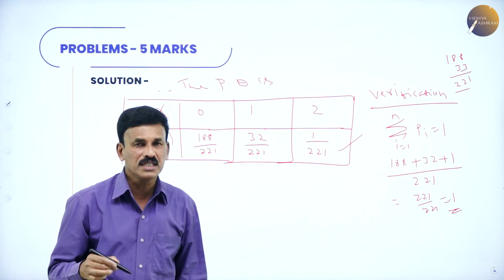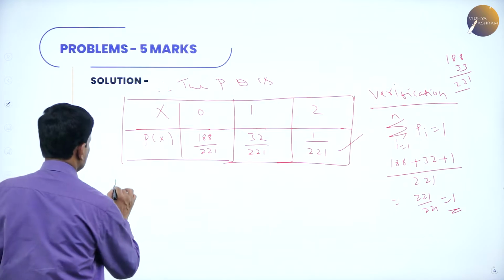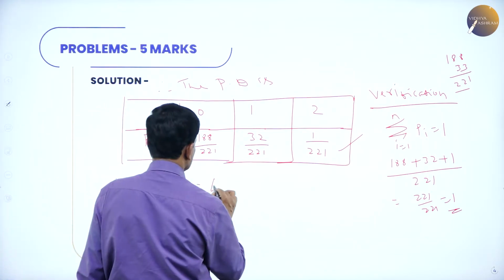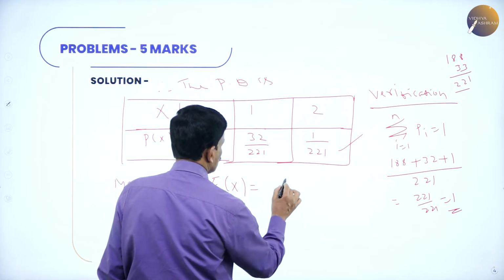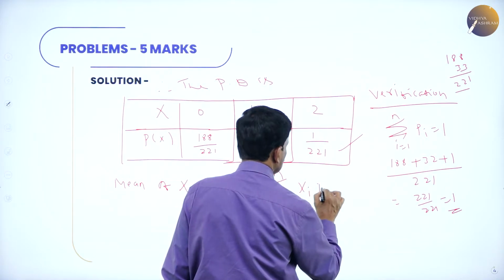Now find out the variance and the standard deviation. That's all. Now the mean of x is equal to sigma i is equal to 1 to n, xi into pi.